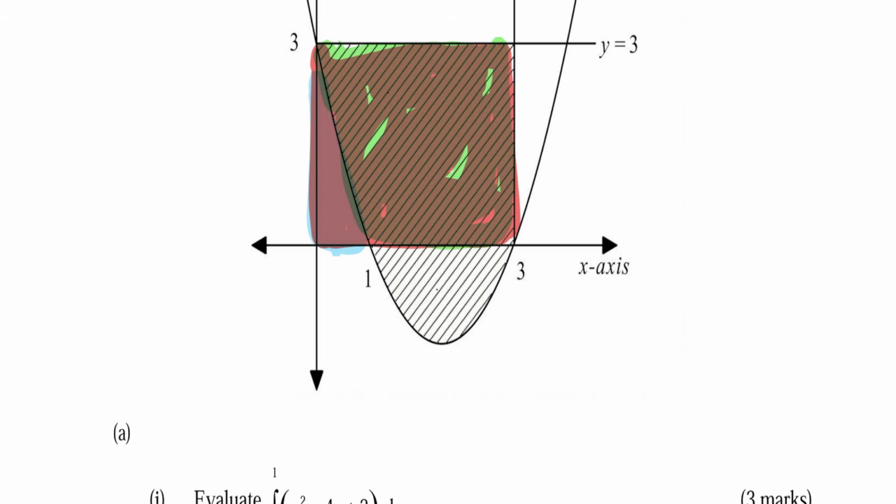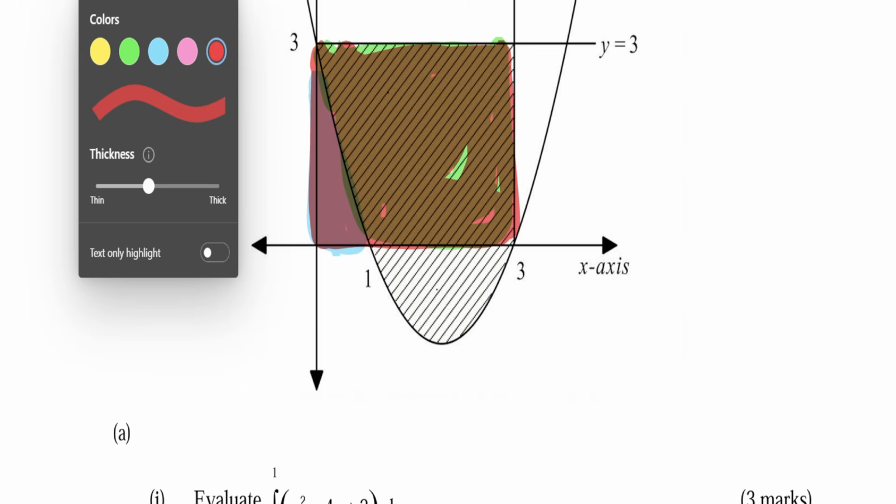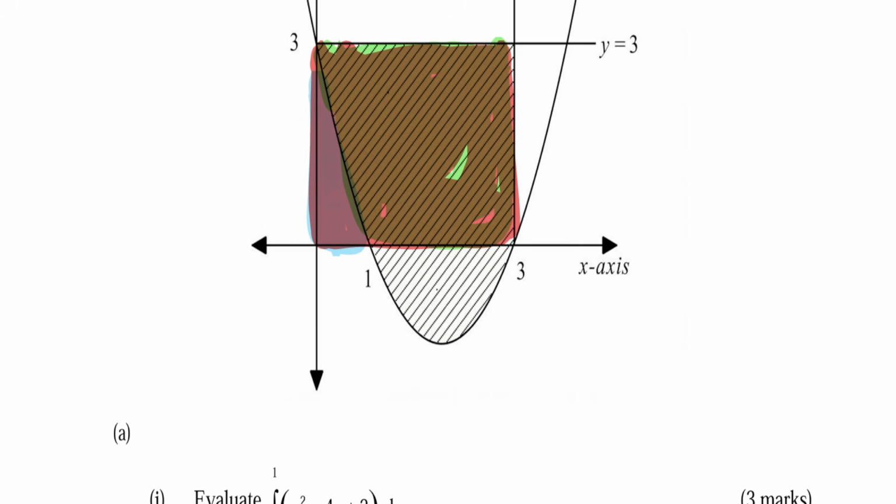So you need to calculate for the whole thing, then minus it with this one here, the one that we got in Roman 1. So it's not that hard. This one is a square. From here to here is basically 3 units, and when you're going up it is also 3 units.